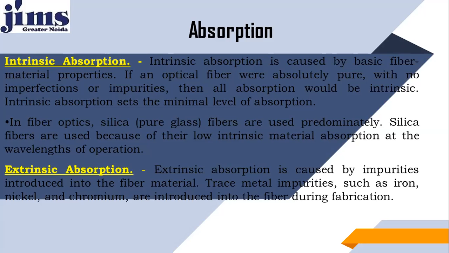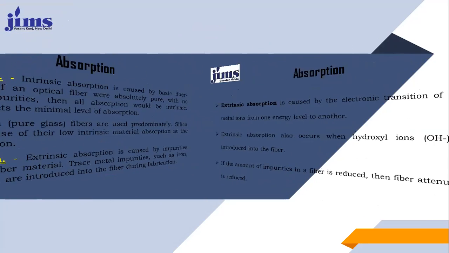So that absorption comes in the category of extrinsic absorption because it is mainly due to the external elements or the materials that are mixed into the optical fiber during the fabrication process. This type of absorption is called extrinsic absorption.